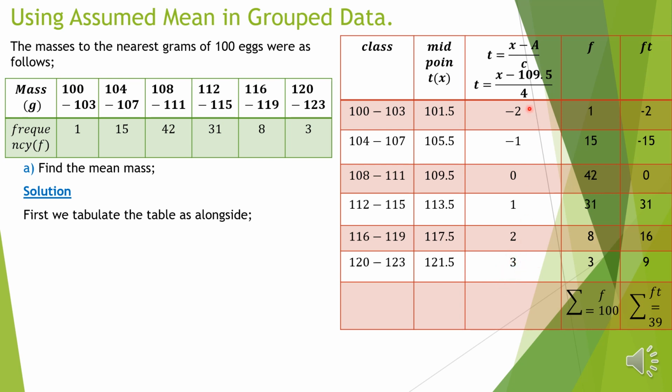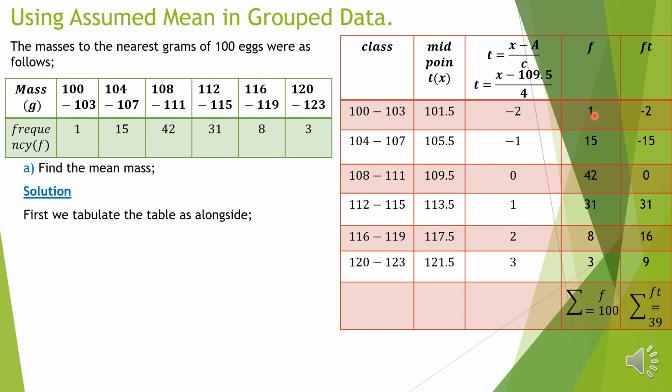Now, once you have filled that column T, you are going to transfer the values of frequency from this table. Remember, the first frequency is 1, then 15, then 42, 32, 8, and 3. So these numbers, we are transferring them here in this column.